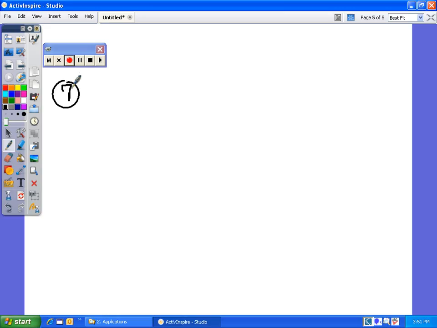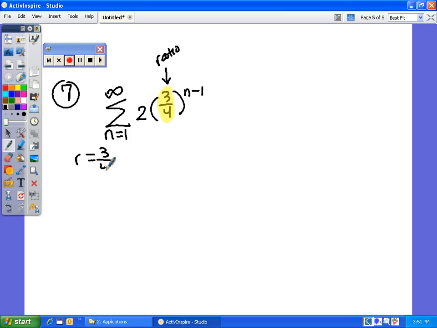Alright, for number 7, it's written in sigma notation. The first thing I have to look at is my ratio. Remember the problems that we did from 1 to 4, the number in the parentheses represents my ratio. Because my ratio is equal to 3/4, and 3/4 is less than 1, I can definitely solve this problem. The other thing I have to do is find my a sub 1.